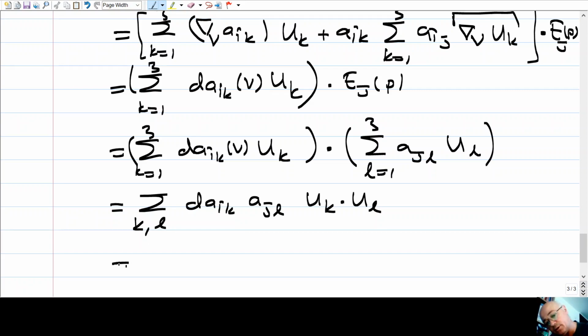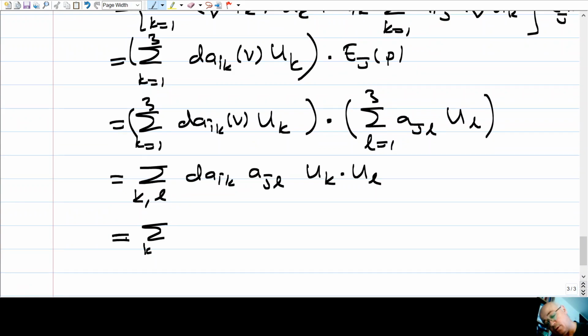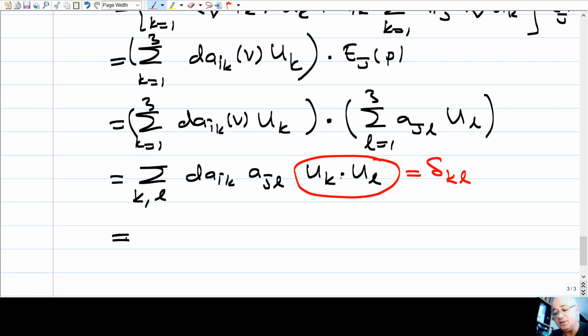Okay, let me just continue. Let me just do this. This expression here is just Kronecker delta KL, and it is either 0 or 1. If they are the same, it is 1, otherwise it is 0.